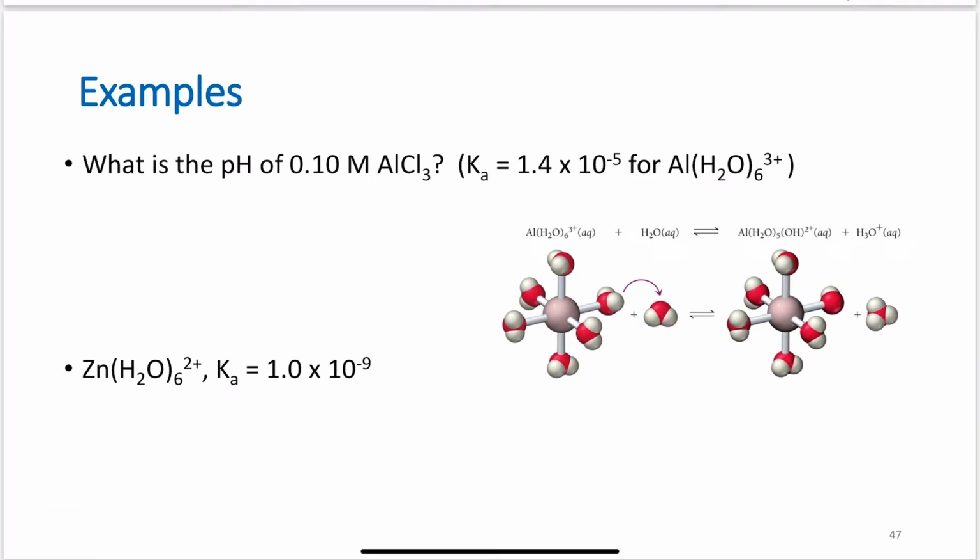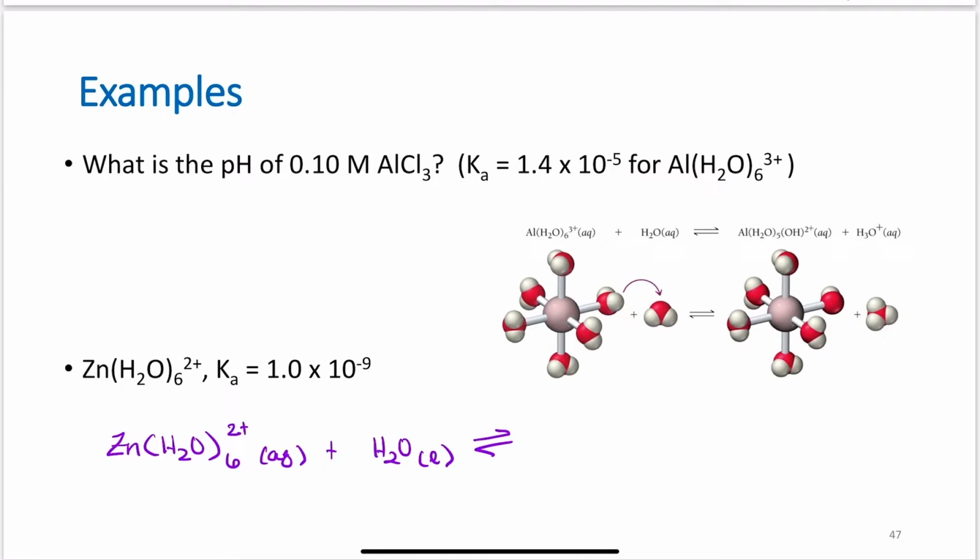Hydrated zinc here. I've got Zn(H2O)6 2+. This is aqueous, reacts with water, forms an equilibrium.